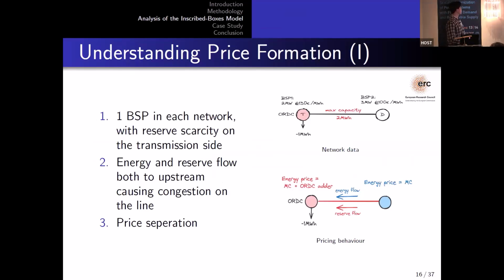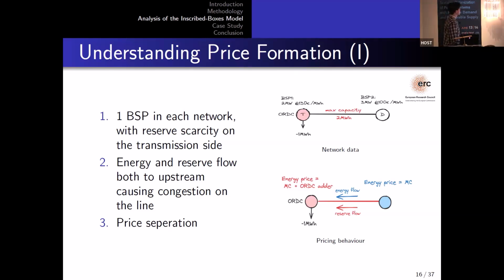To analyze our model a bit more, we have some simple two-node examples to understand the price formation due to congestion. In the first example, we have, as I said, the two-node network. The first node, the T node, resembles the transmission side. The D node resembles the distribution side. We have BSP 1 and 2 in each node.